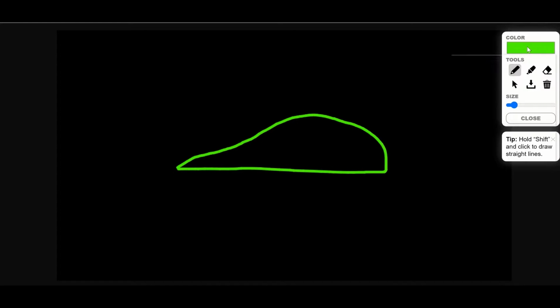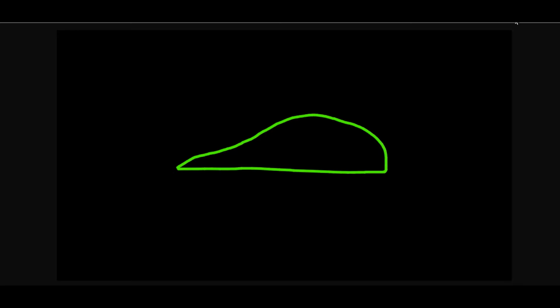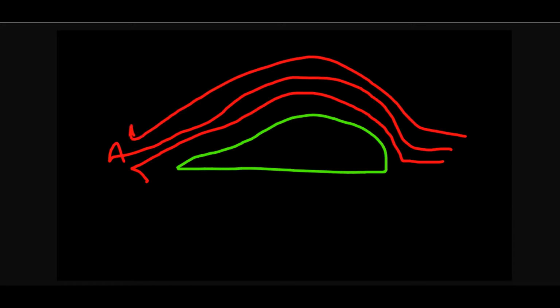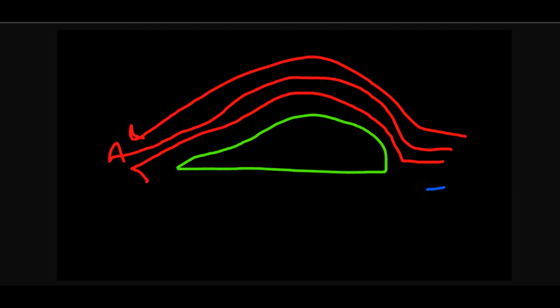Because of this shape, the air will sort of bunch up, and when it comes around this corner, it spreads out again, so it gets accelerated over the top, and across the bottom, since it's flat, it stays slow.